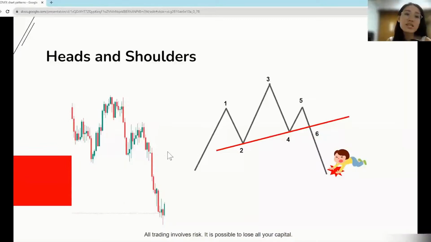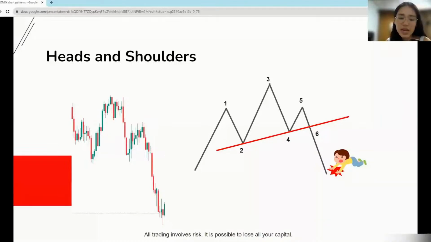Okay, so if I extend it out, once price breaks out of that line, then we have confirmation that price is going to continue lower. Pretty straightforward. Let me know if you guys have any questions, of course, but yeah, pretty straightforward so far.